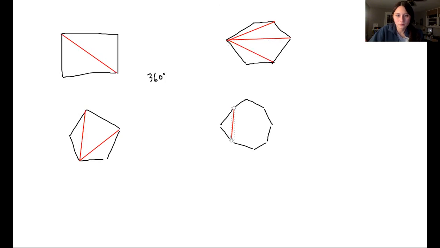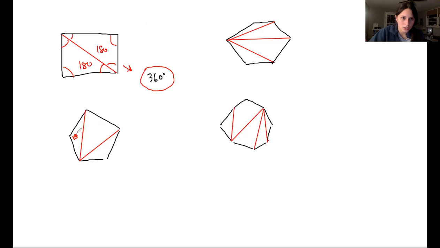then if I know that each triangle is 180 degrees, ooh, that's kind of weird. So if I know each triangle is 180 degrees, then this here all adds up to be 180. This here adds up to be 180. Well, I have 180 plus 180. Isn't that 360? That would be, right?